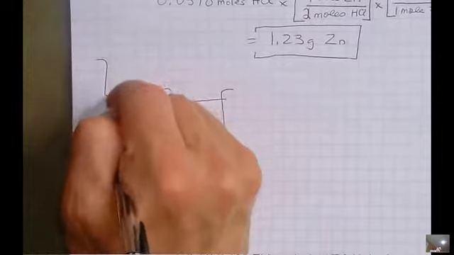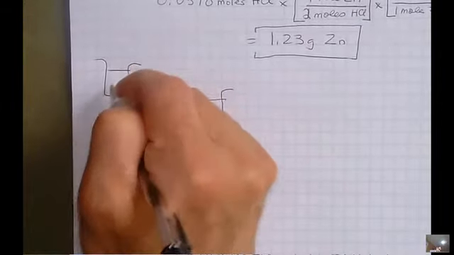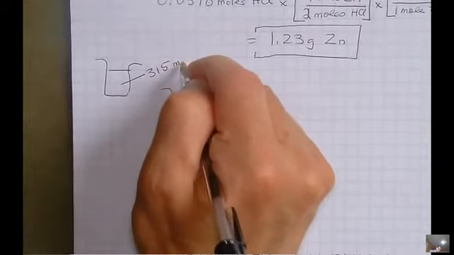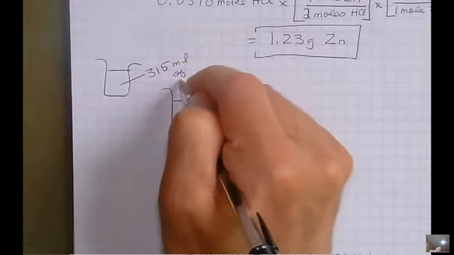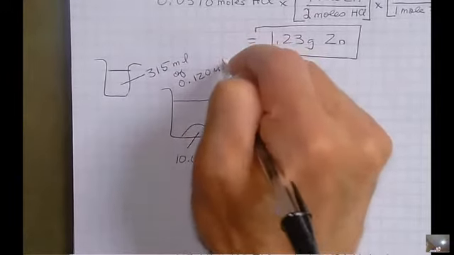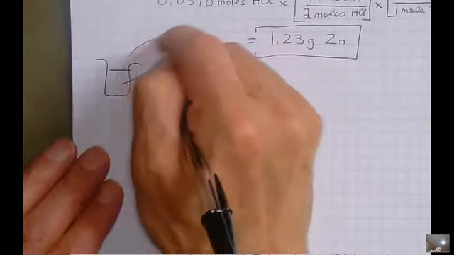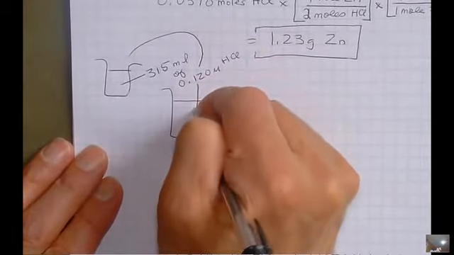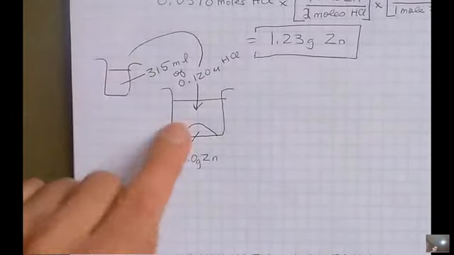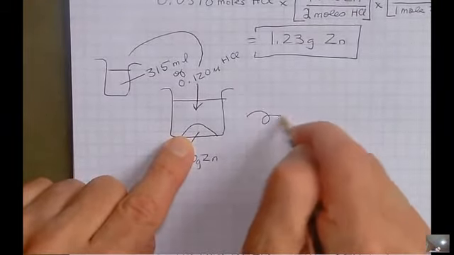So pour that in. This is my 315 milliliters of 0.120 molar HCl. Pour it in. How much of this 10 would react?